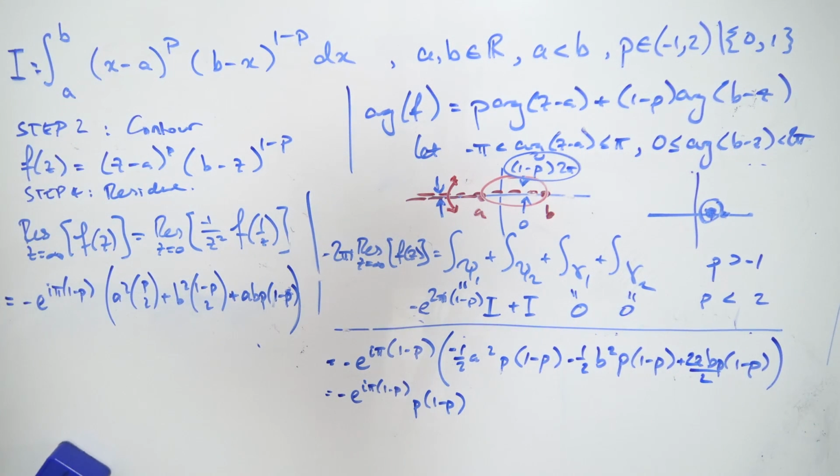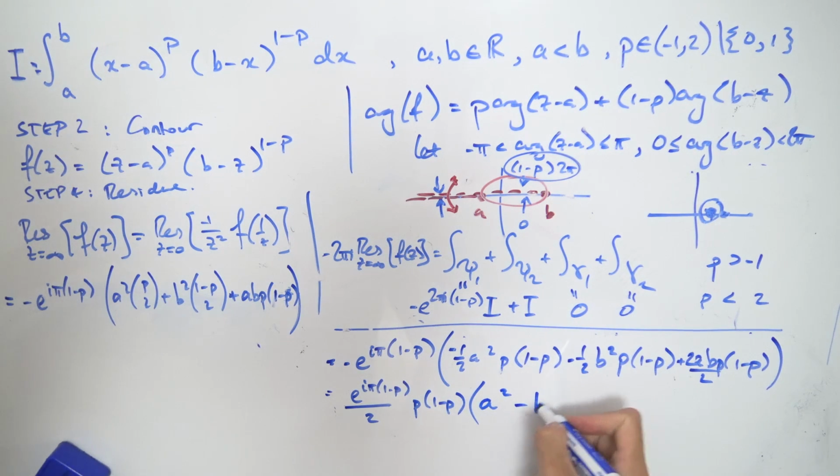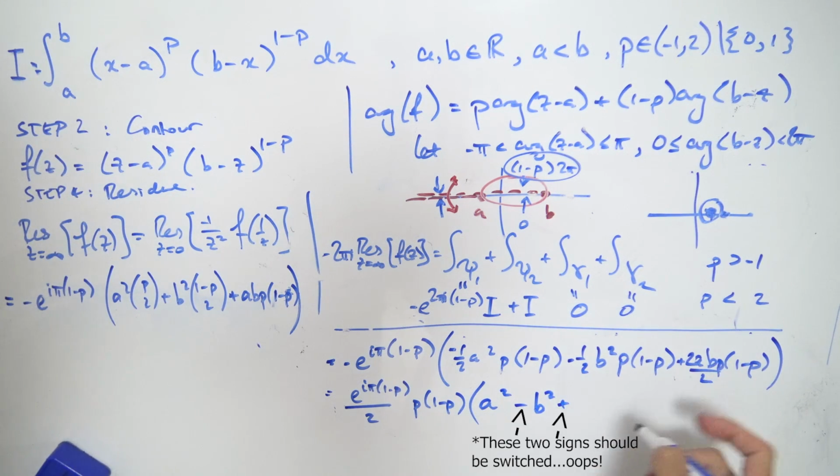That way we can factor out a half as well. So now we can factor out 1/2 over here, and then we can also factor out a negative out of all these terms, which will cancel that out here, which is quite nice, leaving us with just a squared minus b squared, and then plus 2ab is what remains, because we factor out a p of 1 minus p as well as a 1/2. Alright, very nice.